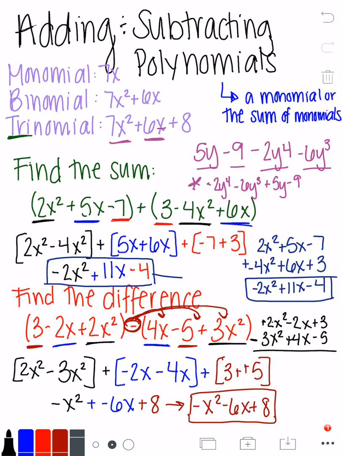So 2x squared minus 3x squared would be negative x squared. Negative 2x minus 4x would be negative 6x. 3 minus negative 5 would be plus 8. So that is another way to solve using the vertical method to find the difference. So that's how we add and subtract polynomials, and also how we label polynomials to the degree.